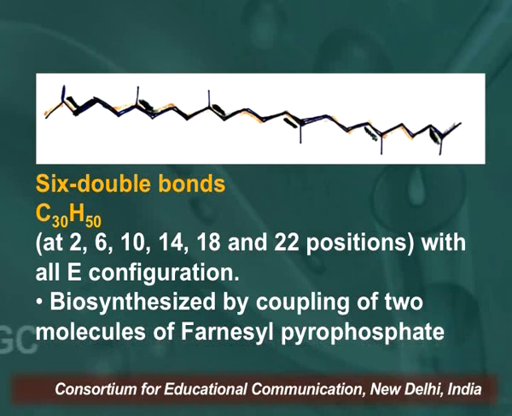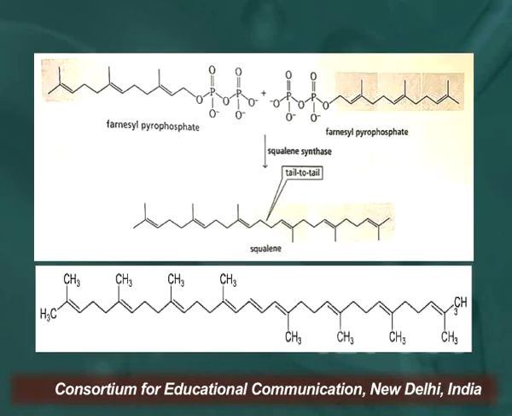It is biosynthesized by coupling of two molecules of farnesyl pyrophosphate. So these two molecules of farnesyl pyrophosphate combine to form squalene. This is the structure of squalene.